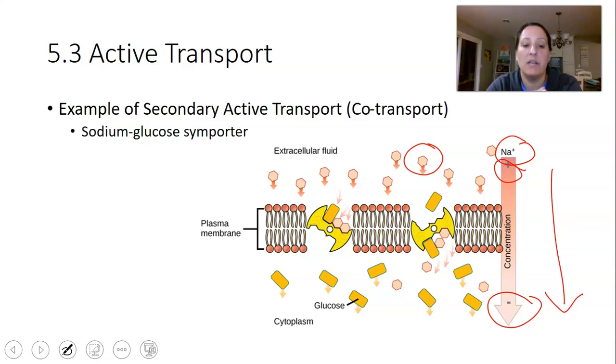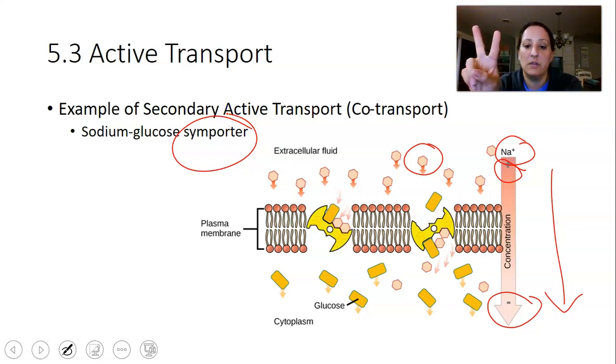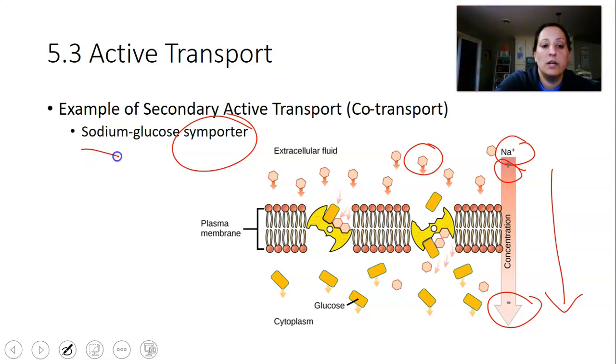Okay, let's look at glucose. In this particular example, this is the sodium glucose symporter. So first of all, it's a symporter. So it's going to be moving 2 different types of cargo in the same direction. Okay, what's its cargo? Sodium, Na+, and glucose. Glucose is represented here by these rectangular orange pieces.